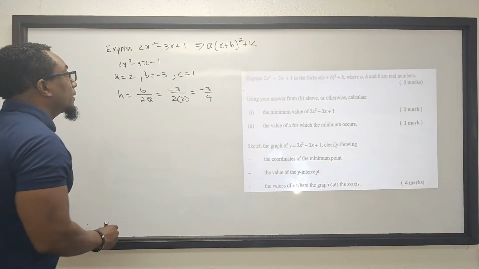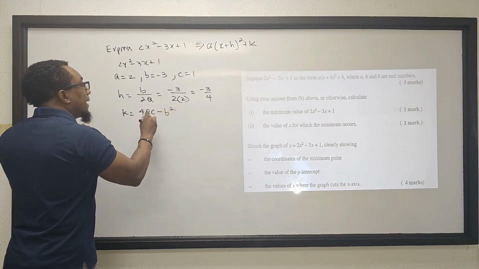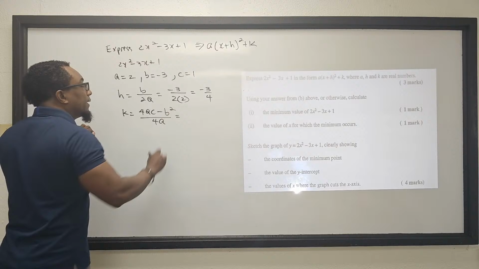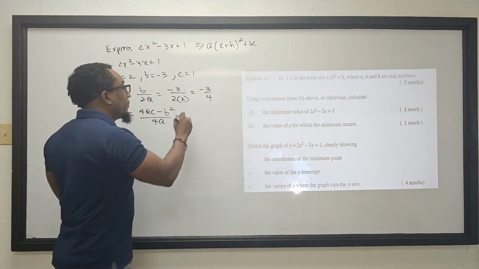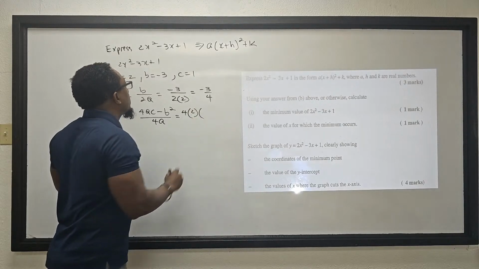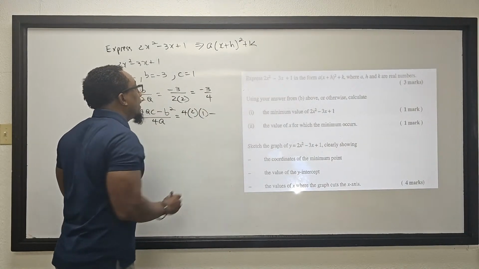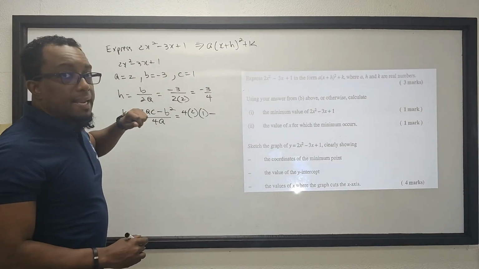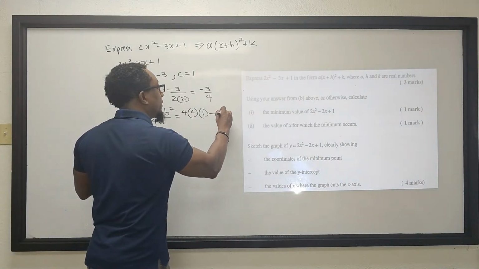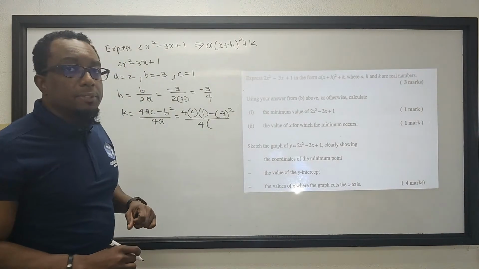The formula for k is 4ac minus b squared, all over 4a. So I'm going to replace a with 2, replace c with 1, all in brackets, subtract, replace b with negative 3 in brackets squared, all over 4, and replace a with 2 in brackets.